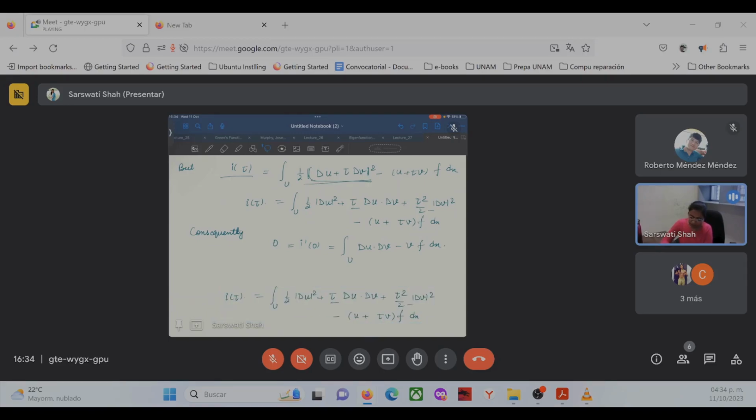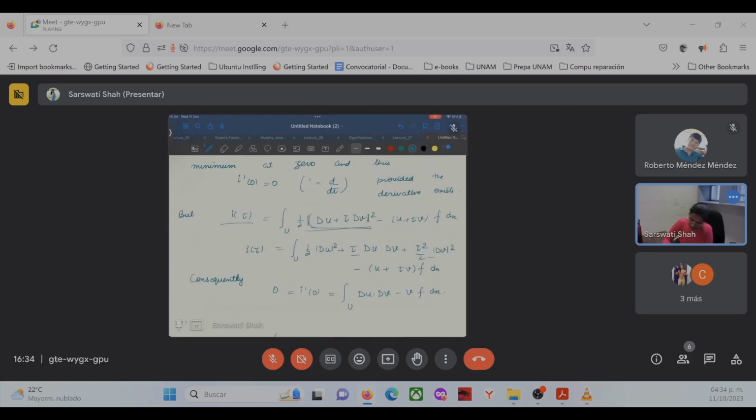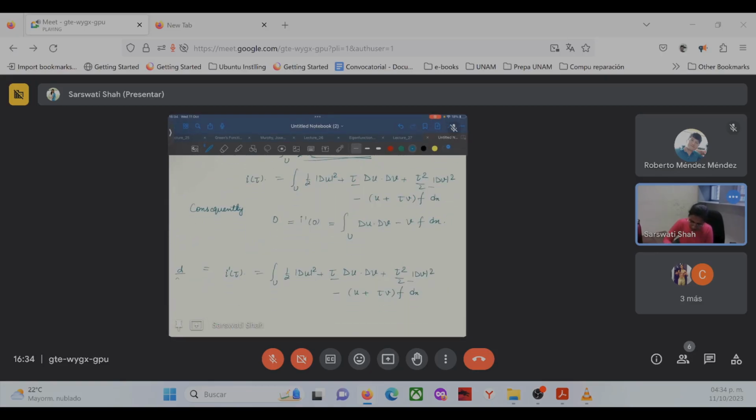So this was I of tau. If I take the derivative with respect to tau, basically I am writing d over d tau of I of tau. Now u is independent of tau, because tau is a scalar, a variable that is coming from R, not from R1.